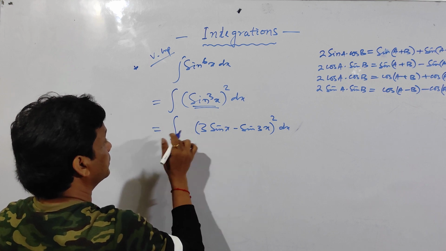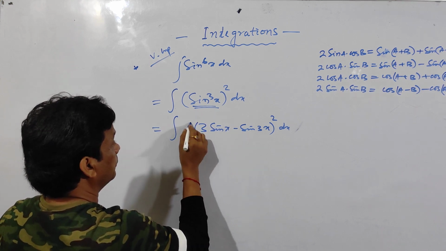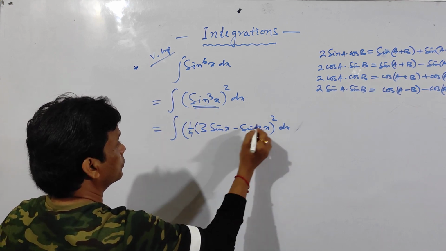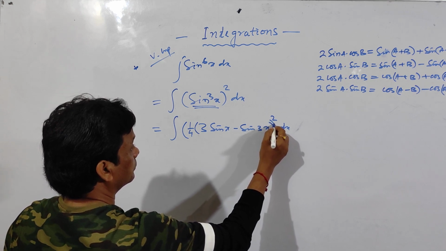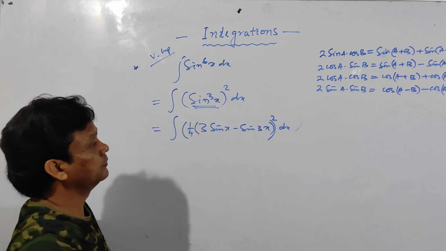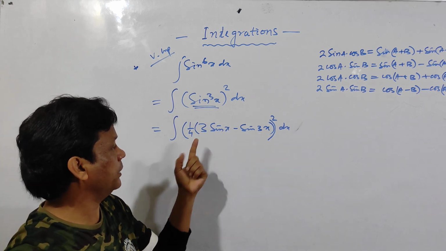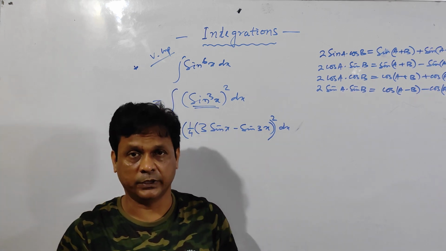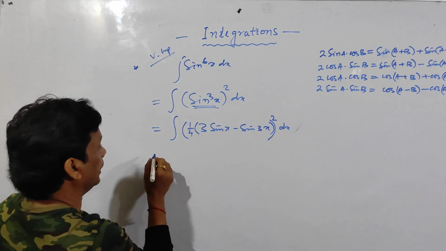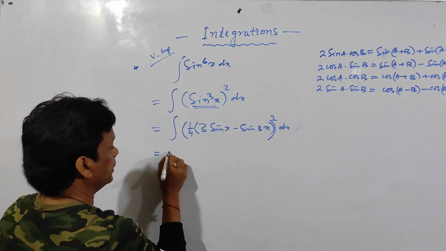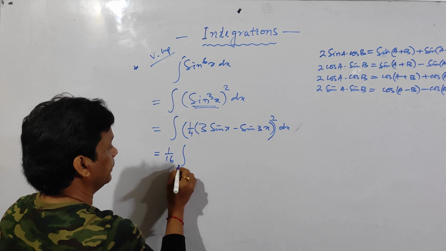So 1 by 4 and whole square of this one. Clear? The formula. Okay. Now 4 square is 16, so it will be 1 by 16 integration.